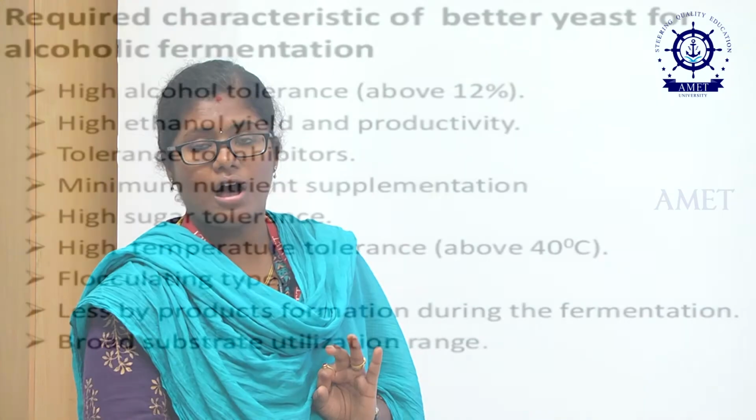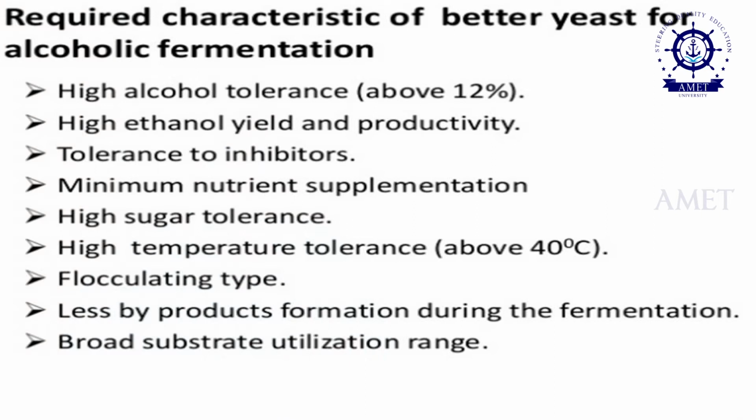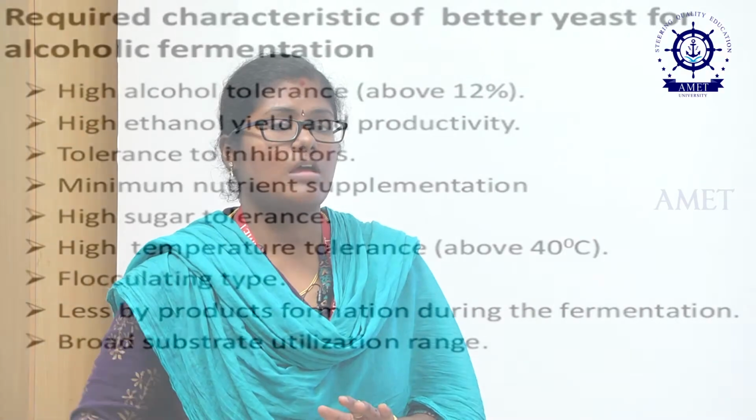It should have high sugar tolerance and high temperature tolerance, above 40 degrees centigrade. It should be a flocculent type of yeast, not a non-flocculent yeast. It should produce fewer by-products during the fermentation process, and lastly, broad substrate utilization within the required range.